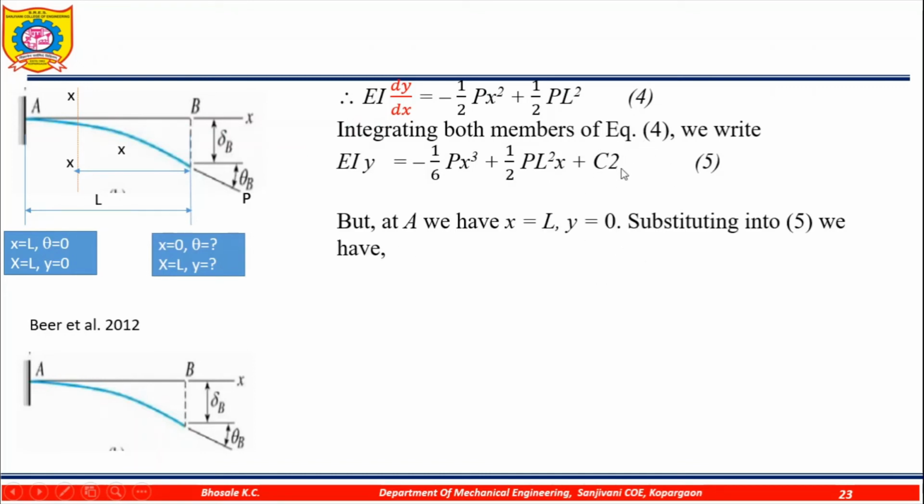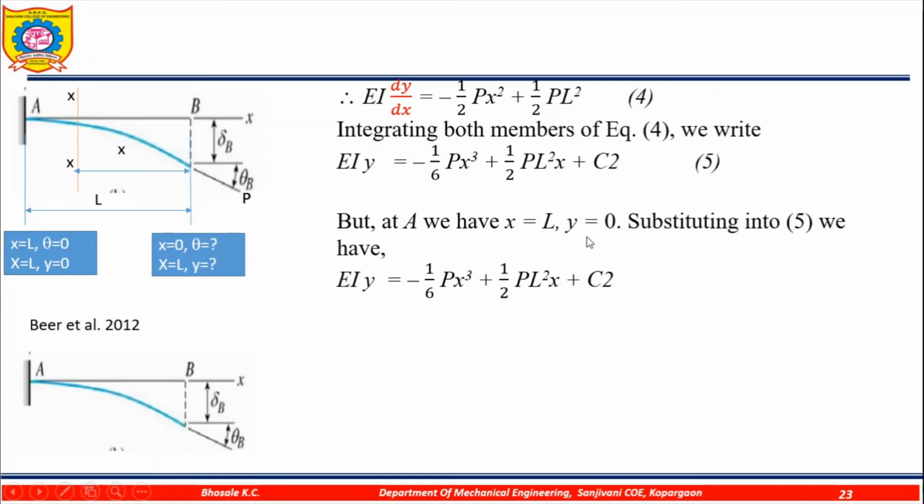So again we have to find out the value of C2 by putting in the boundary condition, because we know that at point A the deflection y is 0. At point A, the value of x is L, and y equals 0. So we'll put this boundary condition in equation 5 and then find out the value of C2.